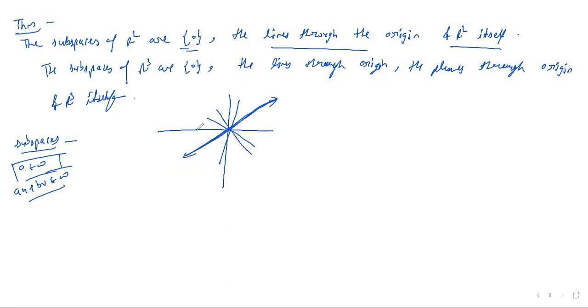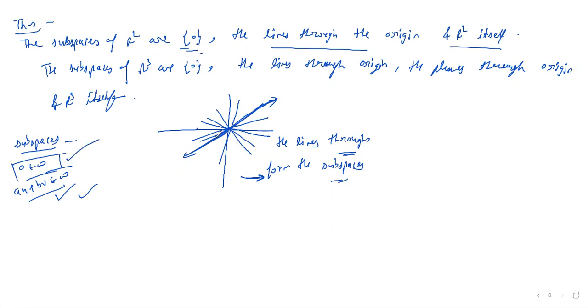All these lines contain the zero vector, and they all satisfy the linear combination condition that au plus bv belongs to W. So from this we get that the lines through the origin form subspaces, as they satisfy the zero condition, the closure under addition and the closure under multiplication property.